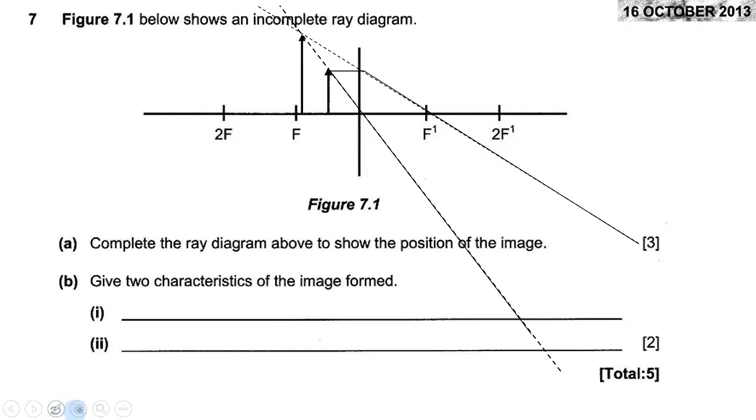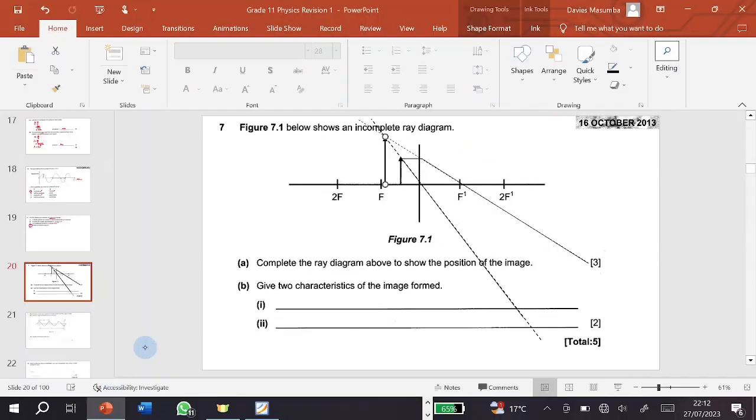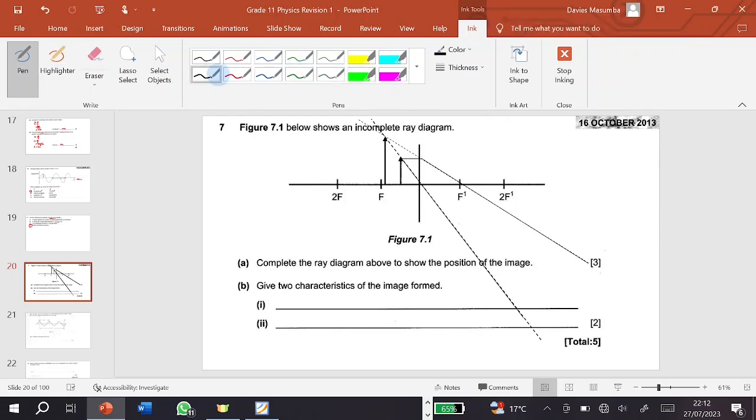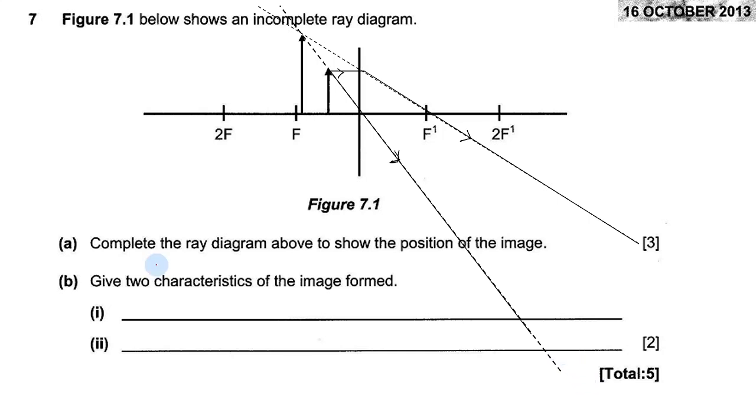So these rays here, they're supposed to have those two arrows I talked about. Like here, you draw the arrow. Even here, the arrow. Even here, like that. So complete the red diagram above to show the position of the image. We have done that. Then they're saying give two characteristics of the image formed.